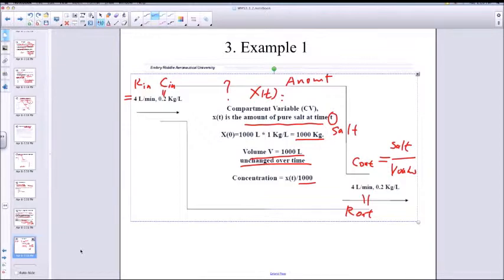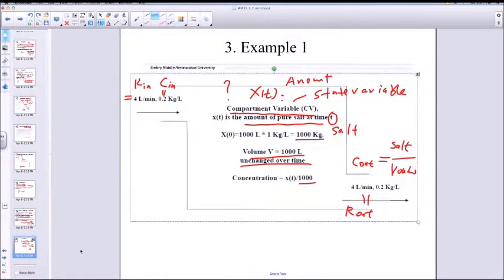Our microscopic observation always starts from this individual compartment. That's called the compartment variable. It's also called the state variable. That should be the starting point, is the question they're asking.